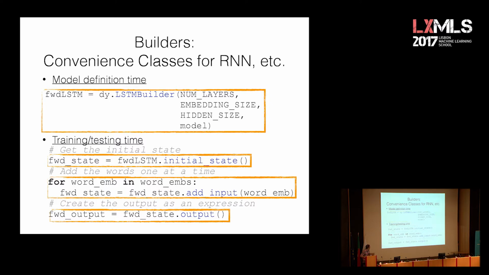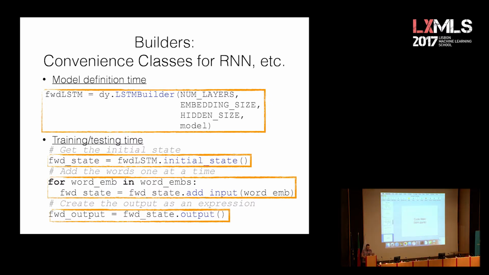And then at training or testing time, we get the initial state, which is basically the zero vector that I was talking about. For every word embedding in our word embedding vector, we call the add input function, which adds the input to the LSTM. So this is like updating our state, like I said before. And then at the very end, we can use this output function to get the output.